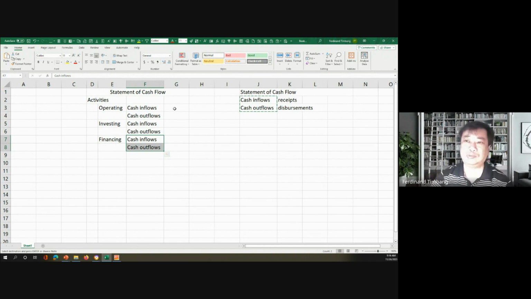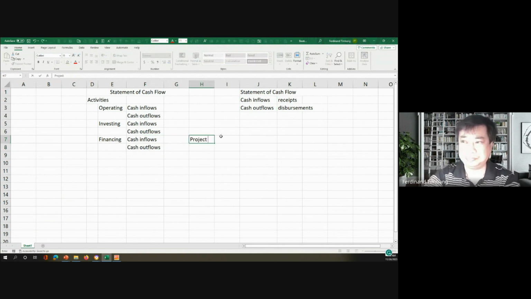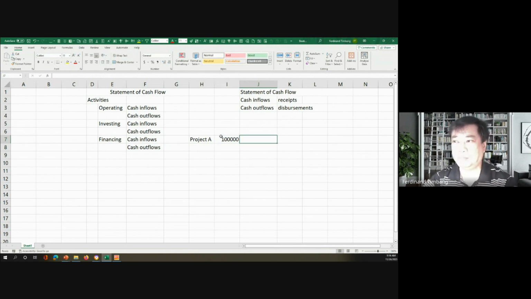And then when it comes to financing, now we're talking of what are the sources of your money. Let's say you have a project, meron kang project A, and the amount that you need is 100,000, for example. Ano ginamit mong pera to establish the project A?